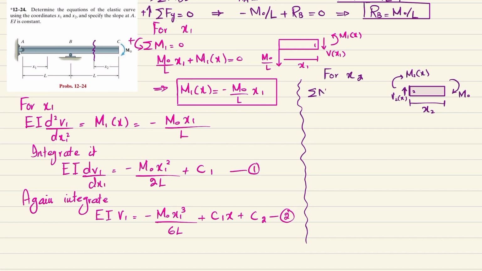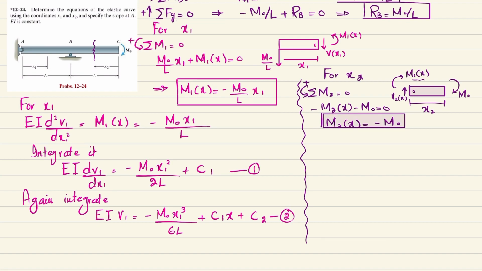So from here, when you apply sum of all moments about point 2 is equal to 0 and take the counterclockwise moment as positive, you have this moment which is clockwise, so minus m2 of x minus m naught is equal to 0. So it means that m2 of x is equal to minus m naught. So this is the moment equation for the x2 coordinate.